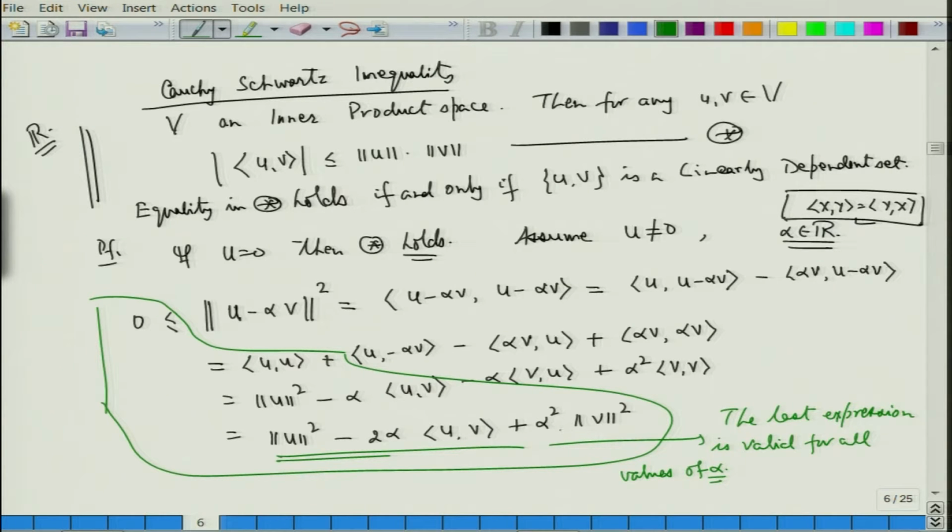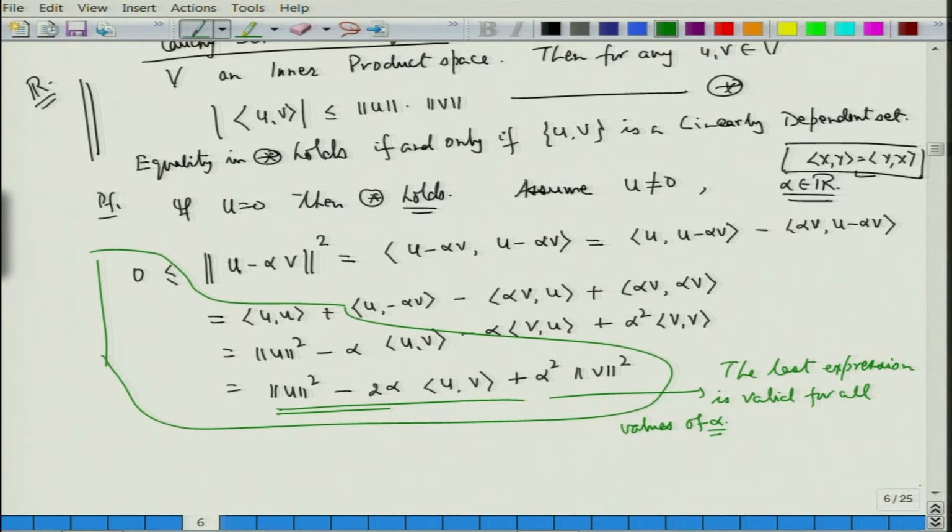So what we are saying is that I have something in alpha which is always non-negative. If I look at this expression, alpha square norm of v square minus 2 alpha uv plus norm of u square is greater than or equal to 0 for all alpha. It is quadratic in alpha, alright.